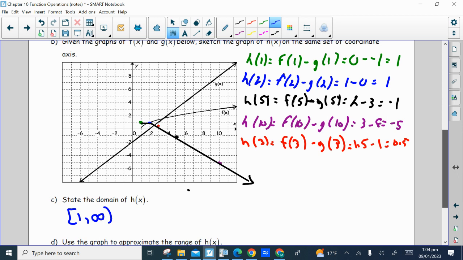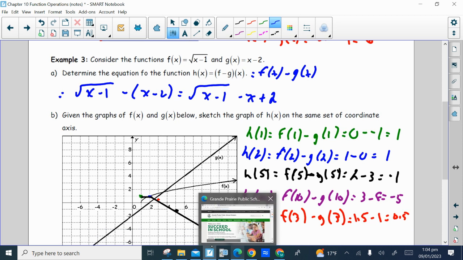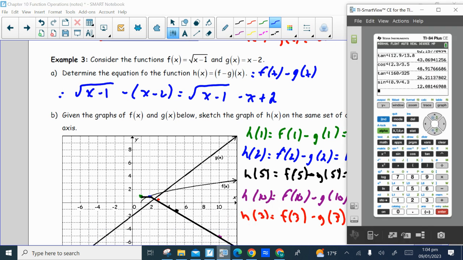Okay, so now part D says use the graph to approximate the range of h at x. So let's look at our graphing calculator and let's put h in there and see what it looks like. So we've got the root of x minus 1, and then we'll have minus x plus 2.